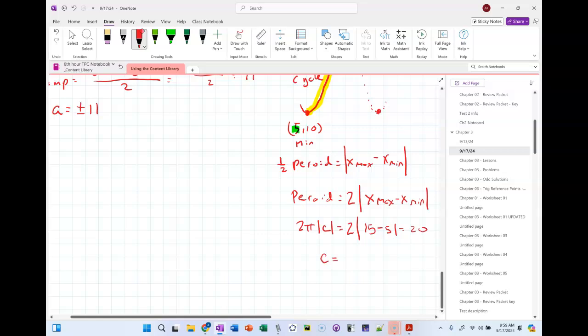So my c is going to be 20 divided by 2 pi, or 10 over pi. And we always choose the positive version. So there's my c.